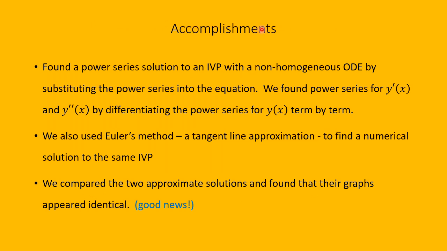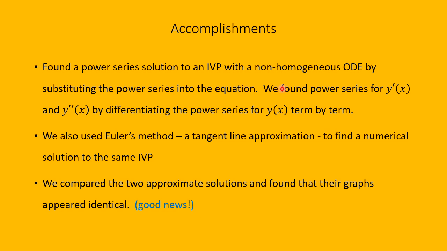So what did we accomplish in this lesson? Well, we found a power series solution to an initial value problem with a non-homogeneous ordinary differential equation by the power series method, substituting an arbitrary power series into the equation.